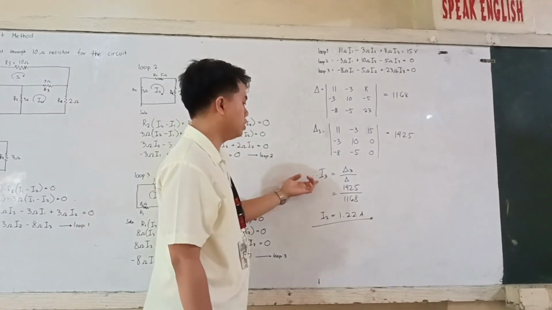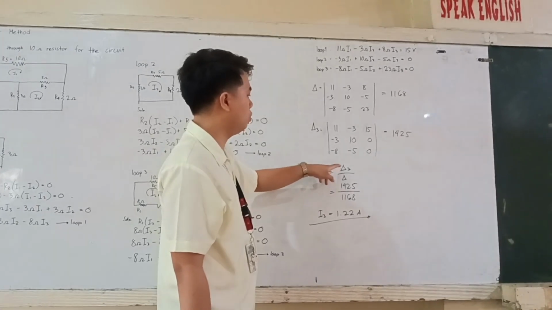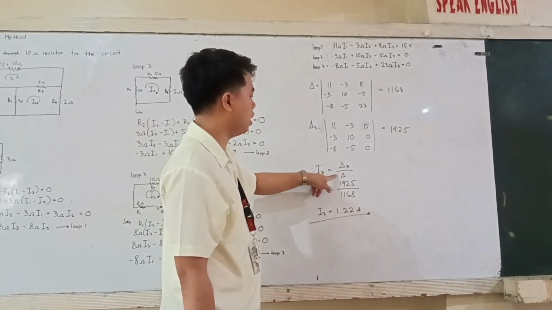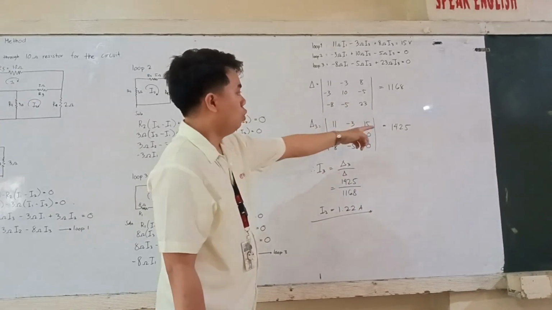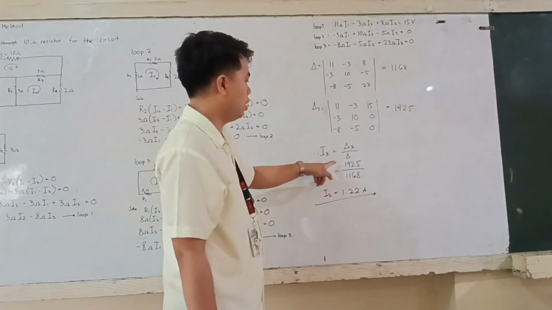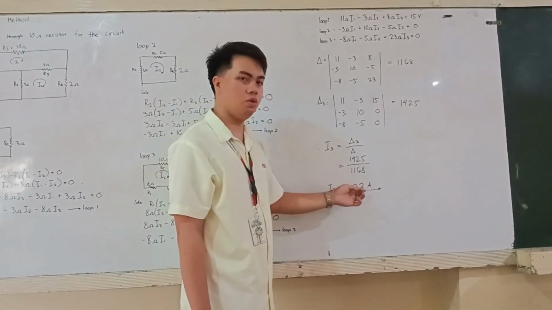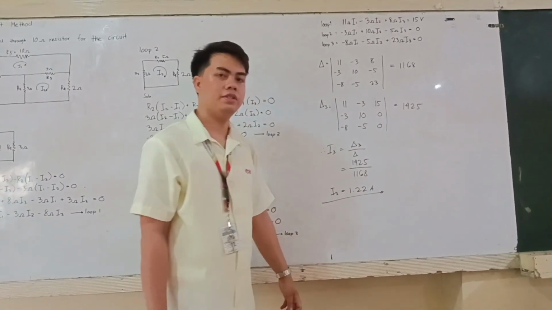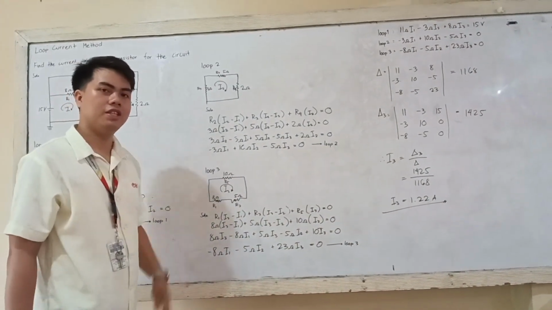And the formula for I3 is simply delta 3 over delta, which is 1425 over 1168, and our I3 is simply 1.22 amps. And this is how to solve the loop current method. Thank you.